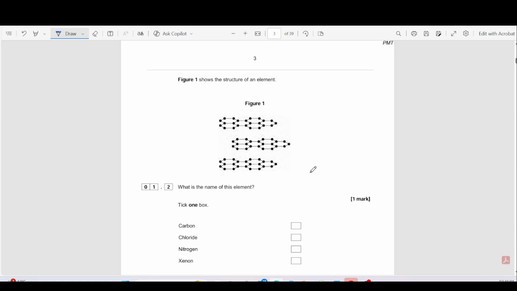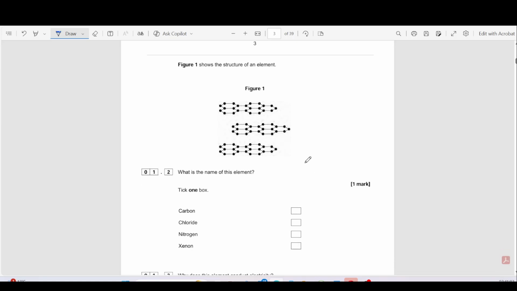Next one shows the structure of an element, and we have a question: what is the name of the element? For this structure we need to tell if this is carbon, chlorine, nitrogen, what substance is this. If you look at the structure, this is carbon. Basically the structure is hexagonal, right?